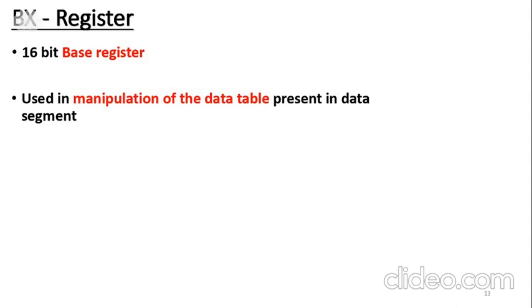In that case, the offset address of each individual data element is pointed by that BX register. It means that in the manipulation of data table, this BX register will be working as an offset register.